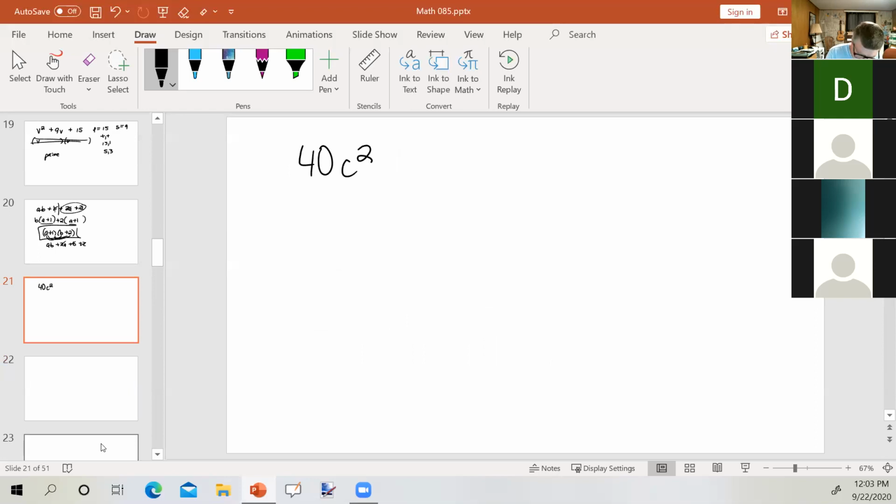40c squared minus 12c. Well, this isn't 4 terms, so it's not grouping. It's not 3 terms, so it's not a trinomial. It's 2 terms. It's in standard form. Is there a greatest common factor? Would it be 4c? Let's find out.